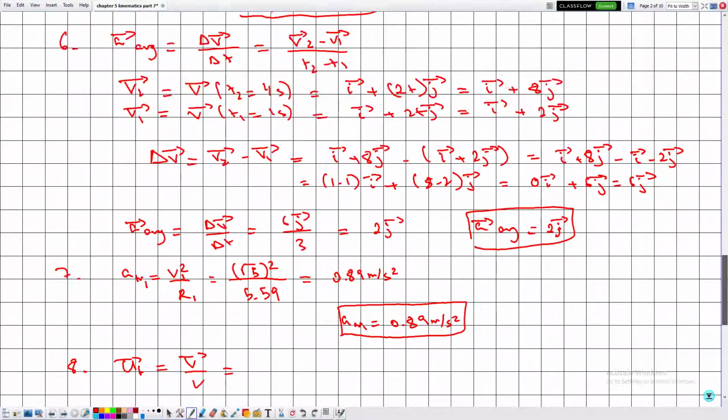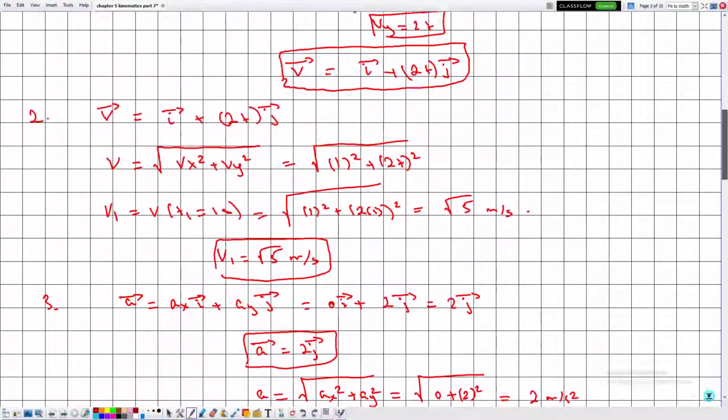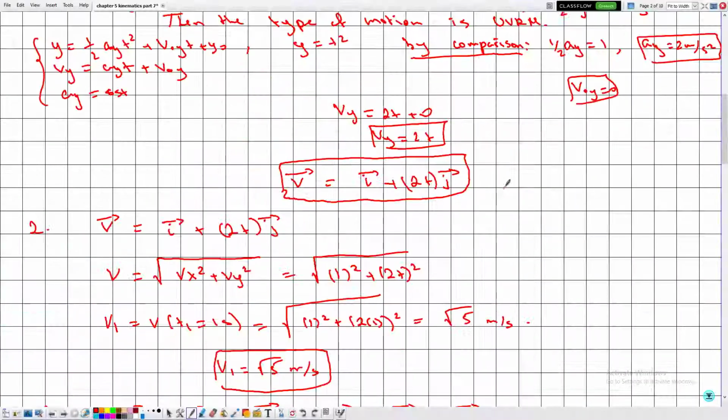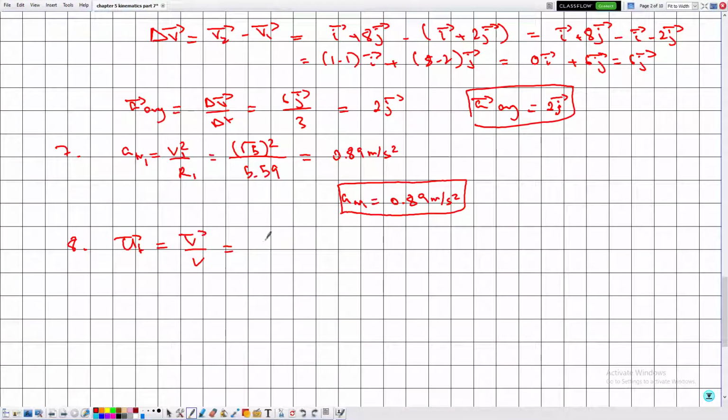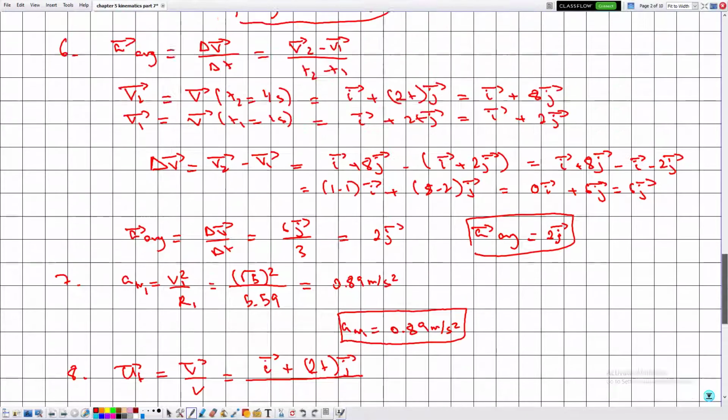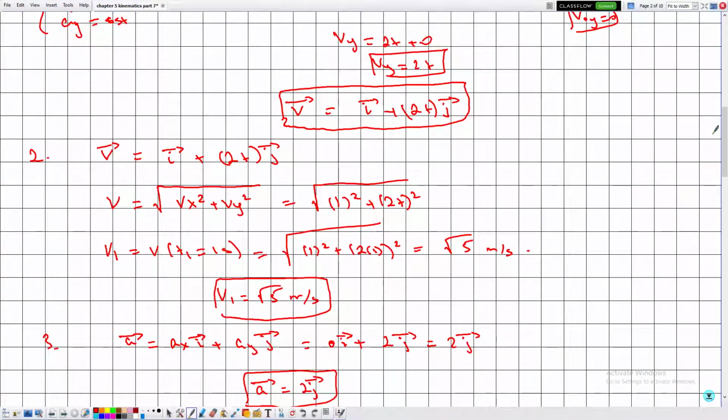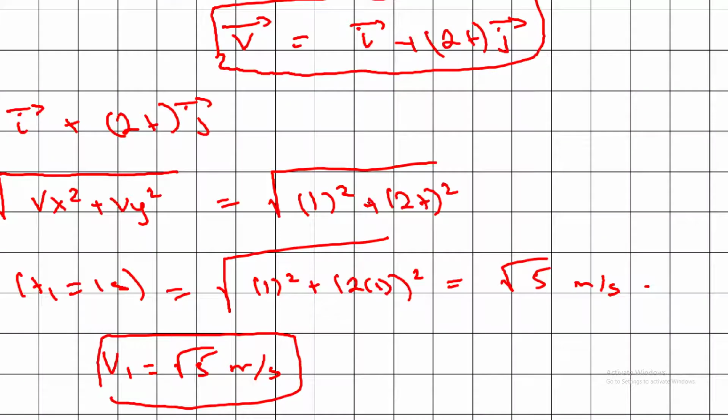We have determined the velocity v as function of t, and it's given by this. So it is i plus 2tj, whereas the speed as function of time is given by this expression.